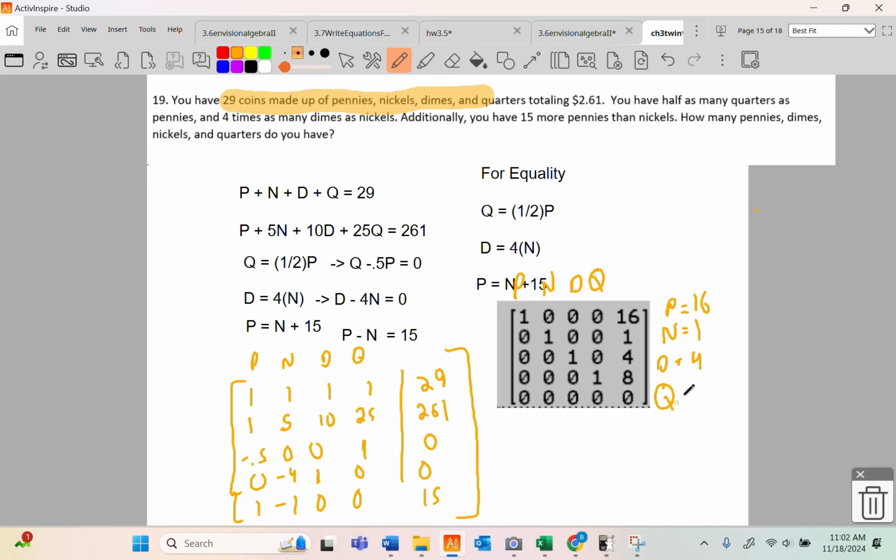And quarters is 8. Now let's see if this makes sense. 8 quarters is going to be $2, right? 4 dimes is 40 cents, a nickel, 0.05, and then we have 0.16 for pennies. So we got 240 here and 21 there, 261.